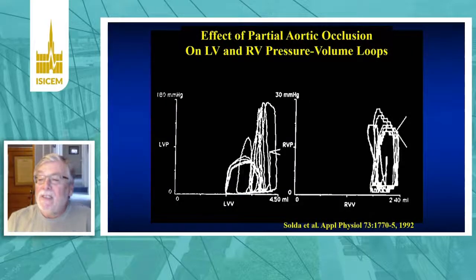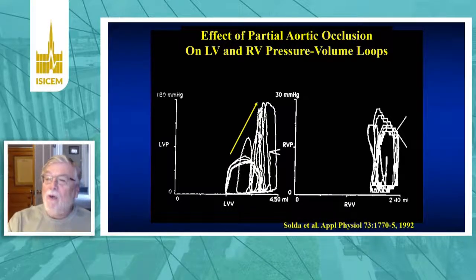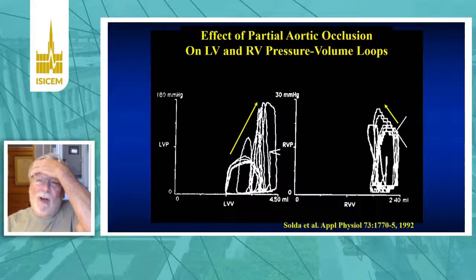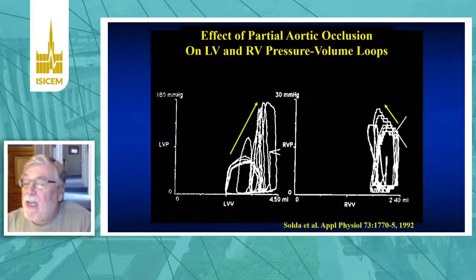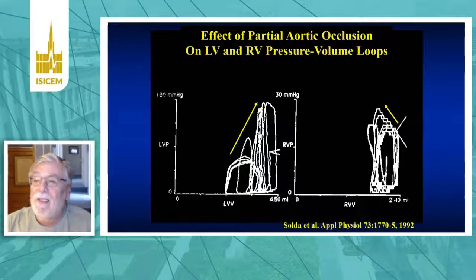And this can be nicely shown in this example, in which we take a left ventricle on the left and we simply occlude the aorta. As the arterial pressure rises, you note that the right ventricular end systolic volume markedly increases without a change in end diastolic volume. This is a systolic augmentation of the right ventricle.